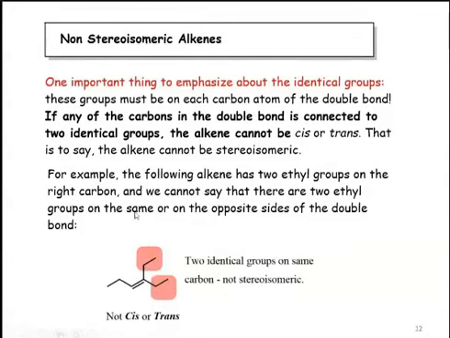For example, in this structure we can see the following alkene has two ethyl groups on the right carbon, and we cannot say that there are two ethyl groups on the same or on opposite sides of the double bond. Clear? Yes, ma'am.